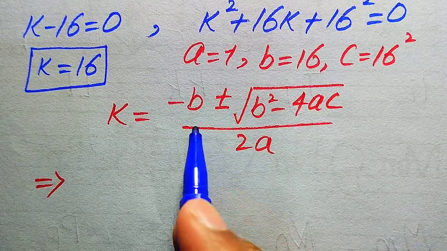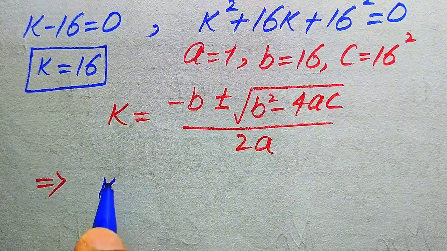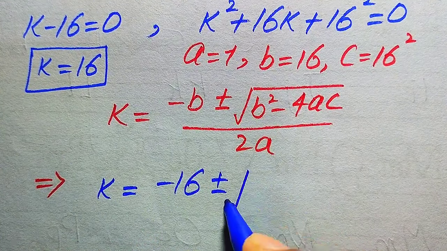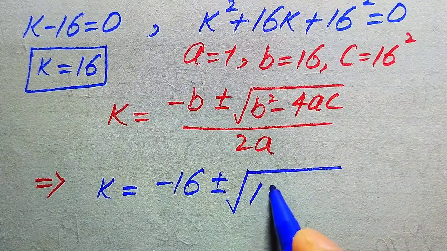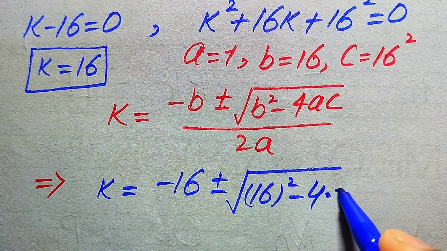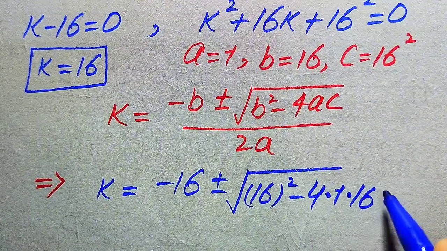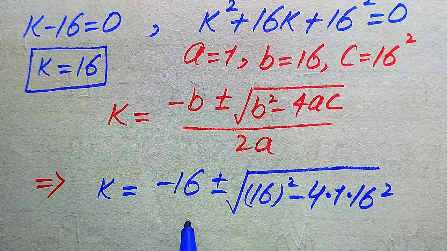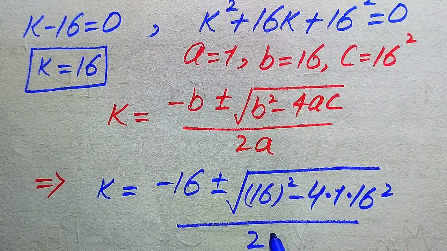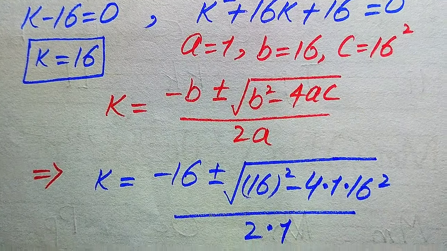It will be written as k equals minus 16 plus minus square root of 16 square minus 4 times 1 times 16 square, divided by 2 times a, and here our a is equal to 1.